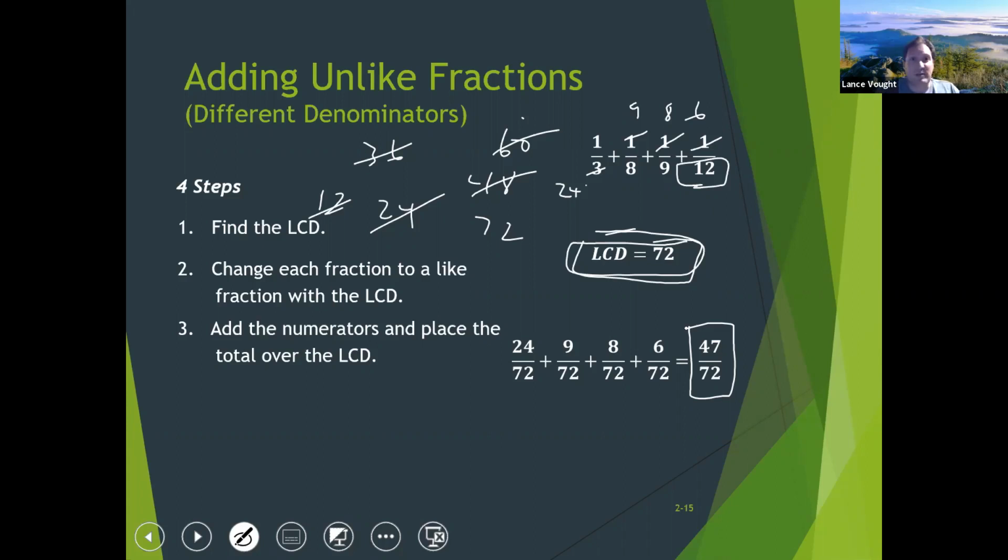Neither of them is divisible by 7. 47 is not divisible by 8. 47 is not divisible by 9. Is 47 divisible by anything besides 47? No, it's a prime number. So if you have a prime number there, unless the denominator is divisible by that same prime number, you're done with simplification.